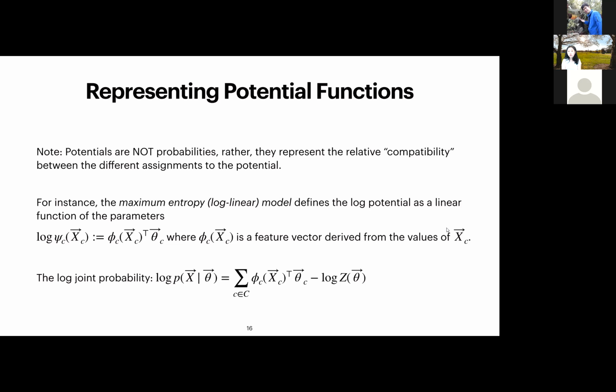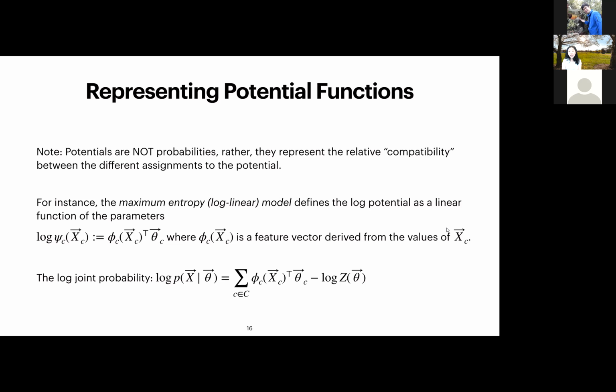Rather, they represent the relative compatibility between the different assignments to the potential. You can also think about them as some kind of unnormalized probability, because they are going to be proportional to the marginal probability of that clique.